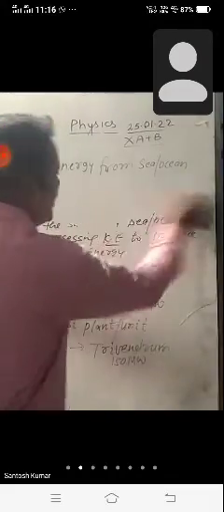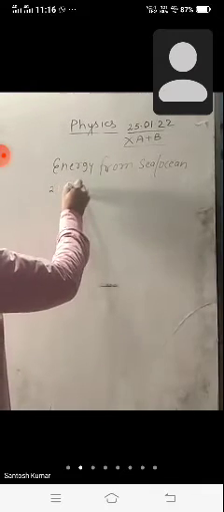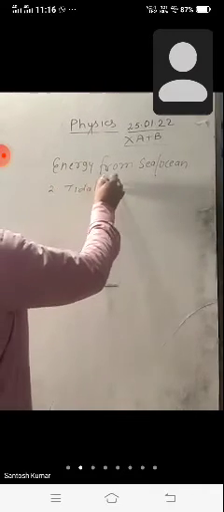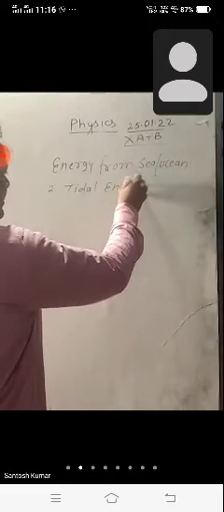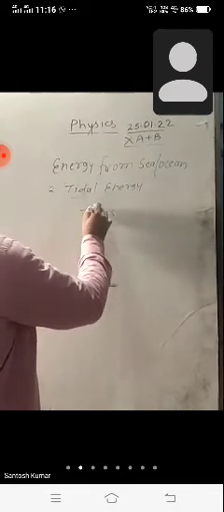So you need to know and note down some main 4 points given in your NCERT. You can note down. Second, tidal energy. We have to write very little, but you need to know about the tides. What are tides?